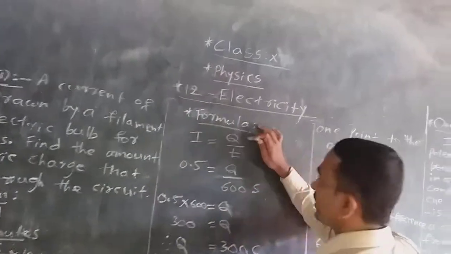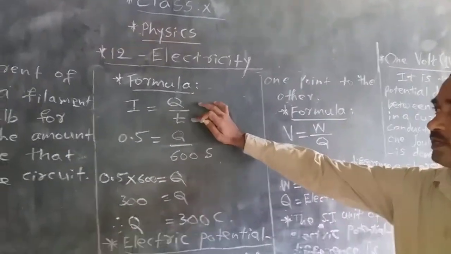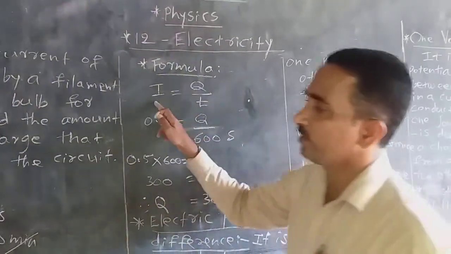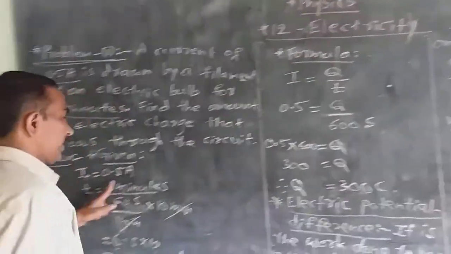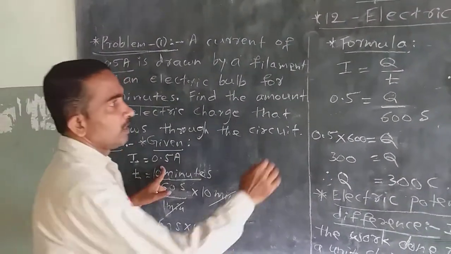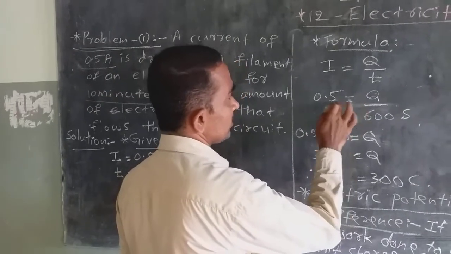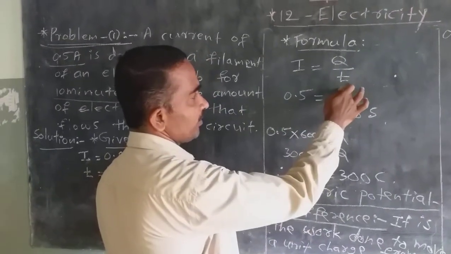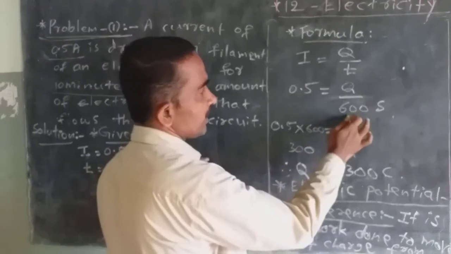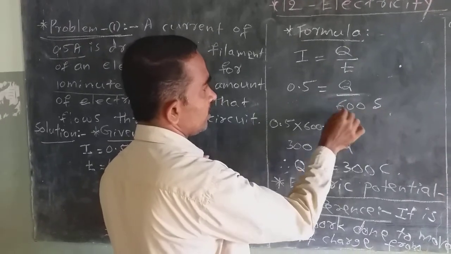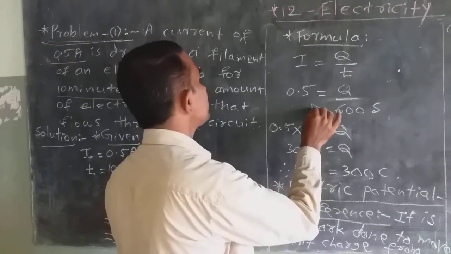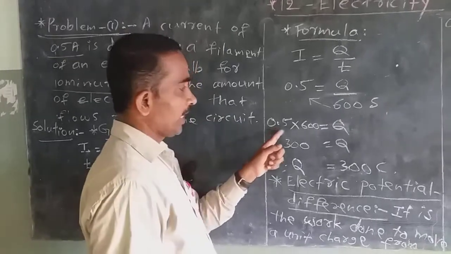Formula to find out electric current: I equals Q by t. I is given, I equals 0.5 ampere. This equals Q by t, Q is not given, t is 600 seconds. Take it to the left side, 0.5 into 600.